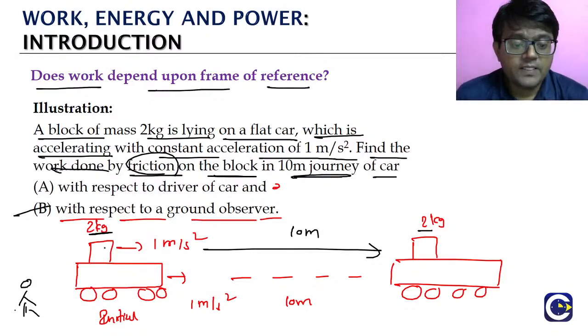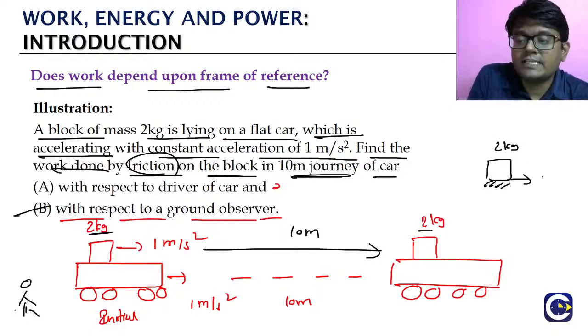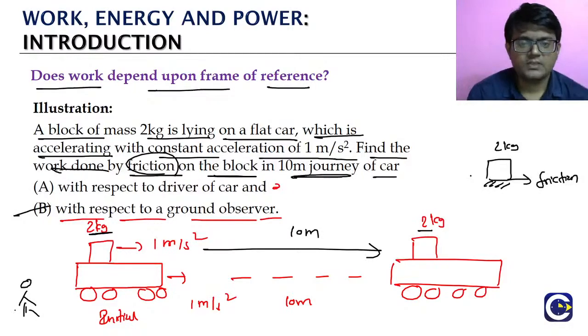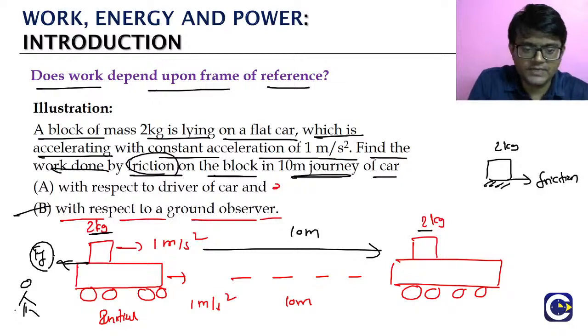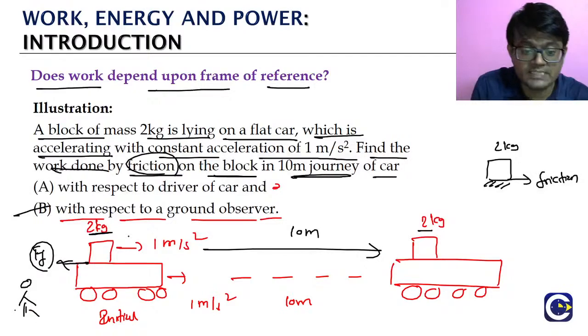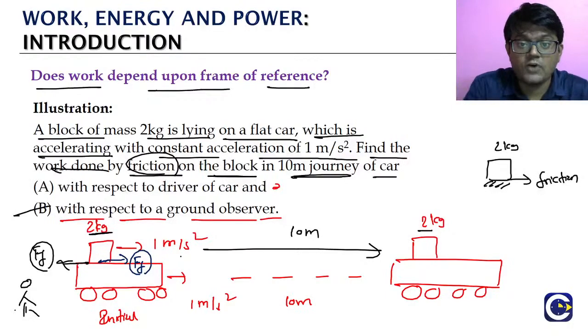If we look at the free body diagram of the 2 kg block, the only horizontal force acting on it is the friction, because when the car below it is trying to move forward, the frictional force acting on the car will be backward, because frictional force has to follow the action-reaction pair concept. So the reaction frictional force acting on the block will be in the forward direction.